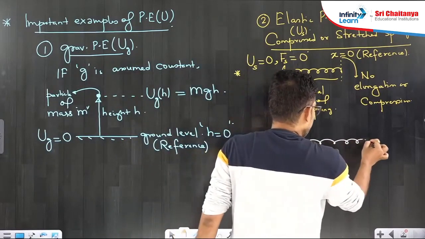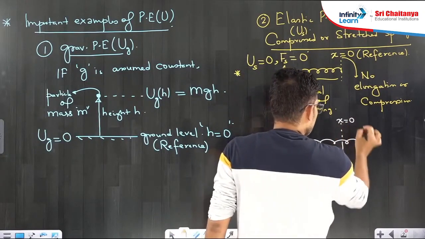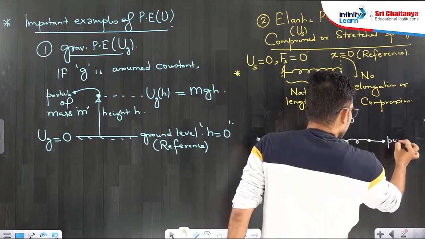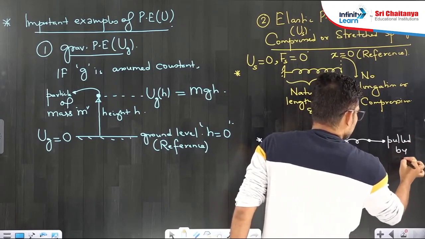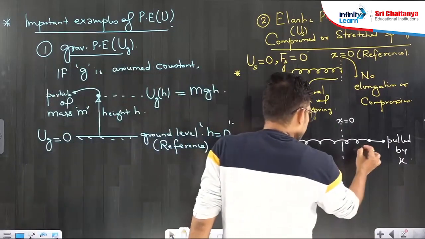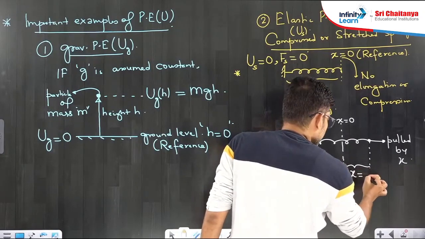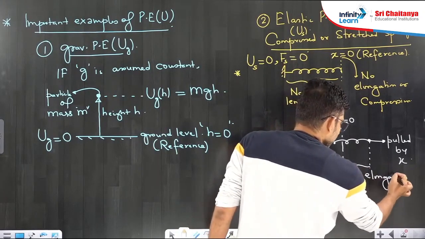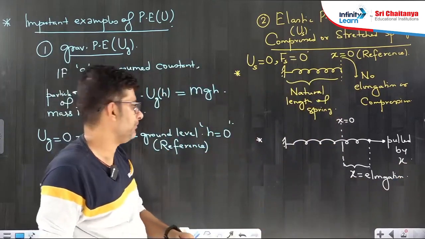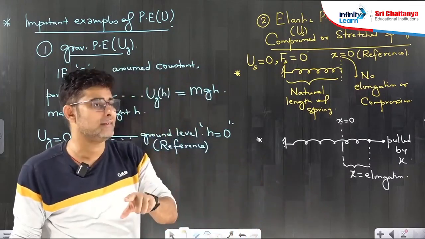Now what happens if the same spring, this was the natural length, you pull it by x? In this case, this x denotes elongation, and the spring force has a special property by Newton's third law.